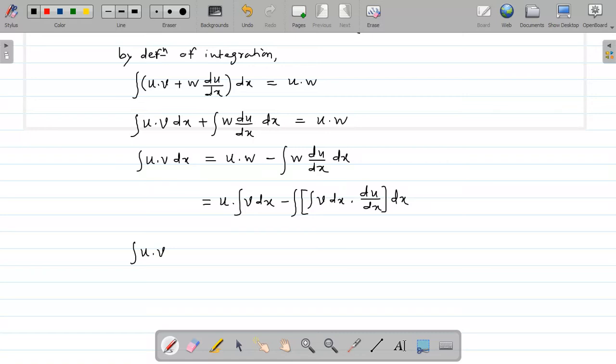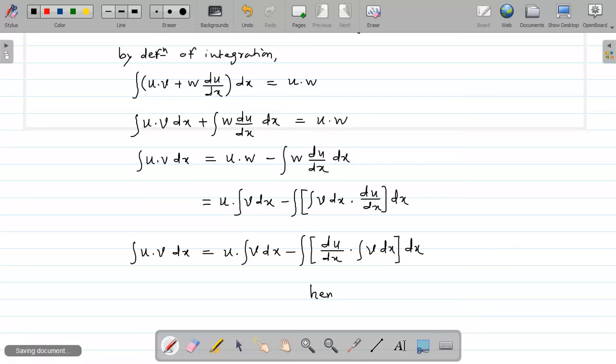The left hand side, the integration of u into v dx, is equal to u into the integration of v dx minus the integration of, in brackets, the derivative of u with respect to x into the integration of v dx, with respect to x. If you observe this step, then we get the required result. Hence proved.